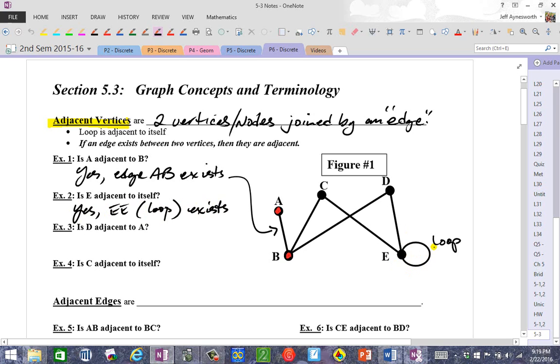Is D adjacent to A? I would say no. There's a path to get from D to A or from A to D, but there's no edge like this one right here connecting D to A or A to D. Because that doesn't exist, we're going to say no. The edge AD does not exist.